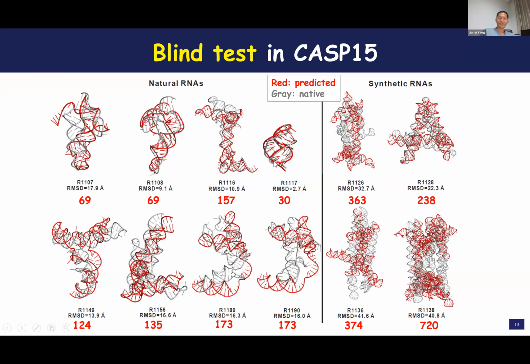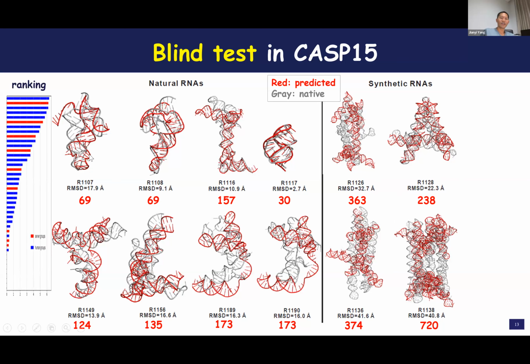So you can see here the designed targets have probably higher RMSD, meaning we predicted these designed RNAs worse than these natural RNAs. So I want to show you the ranking for these two different types of targets. This ranking is just based on the Z-score of the RMSD.